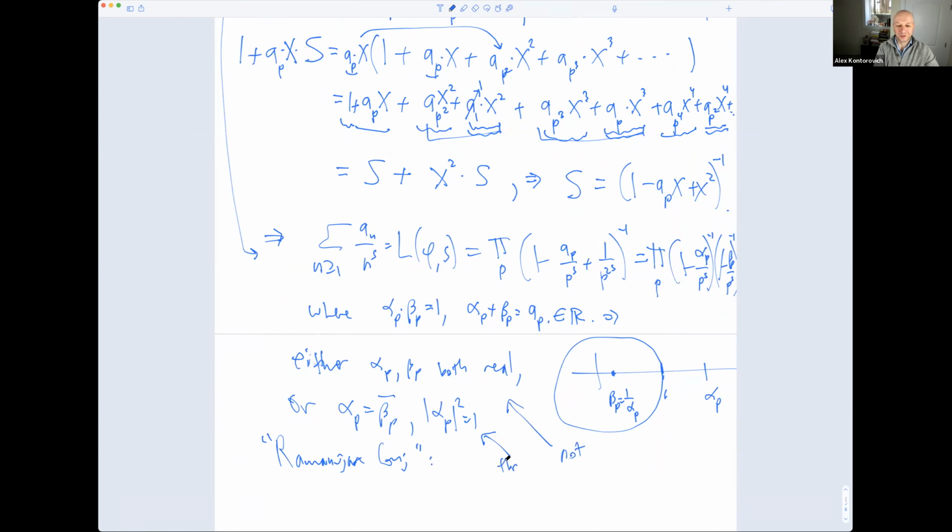This is the truth. Not this. So the eigenvalues are all on the unit circle. And what does that imply? That implies that a_p in absolute value is bounded by something of size 1 plus something of size 1, which is something of size 2.